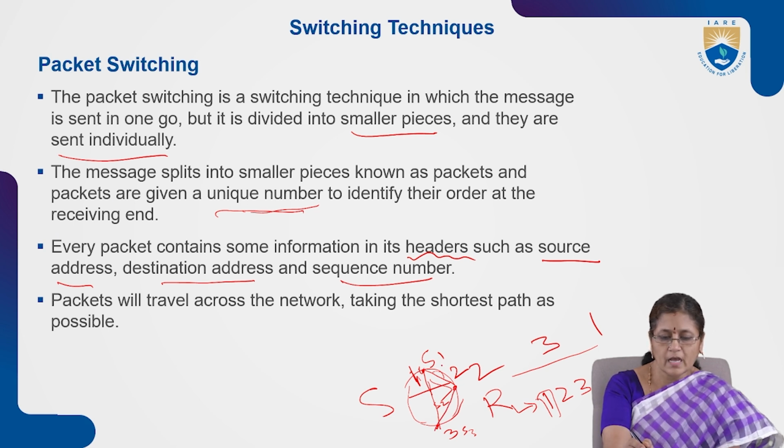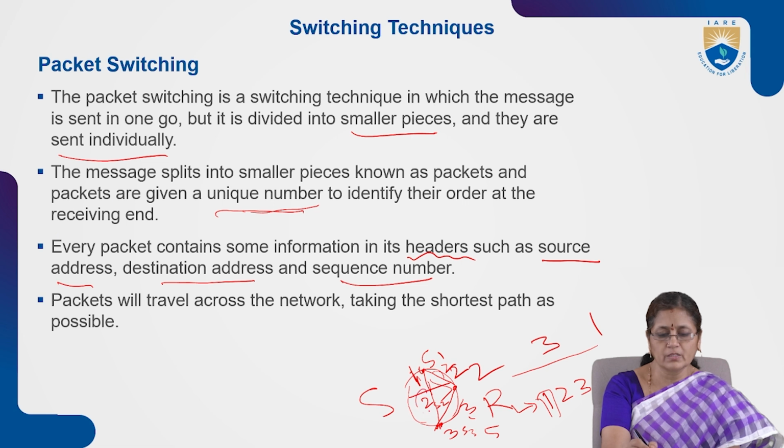Suppose 2 and 3 are the values for this path, so it takes 5 to reach S3. From S1 to S2, let us give the value as 2. Compared to 5, 2 is less.